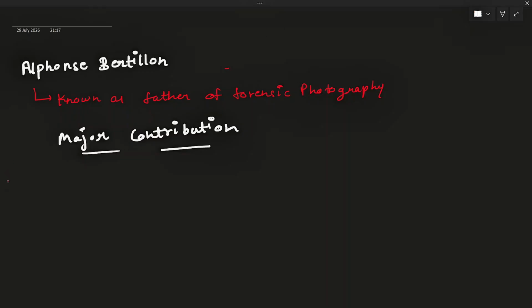Set standard protocol for crime scene photography.